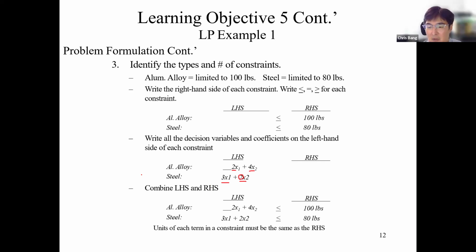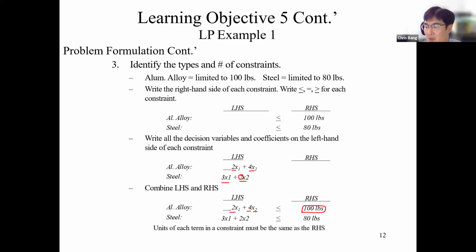Since aluminum is limited to 100 pounds and steel is limited to 80 pounds, the constraint becomes 2 x1 + 4 x2 ≤ 100. So we have 100 pounds weekly.